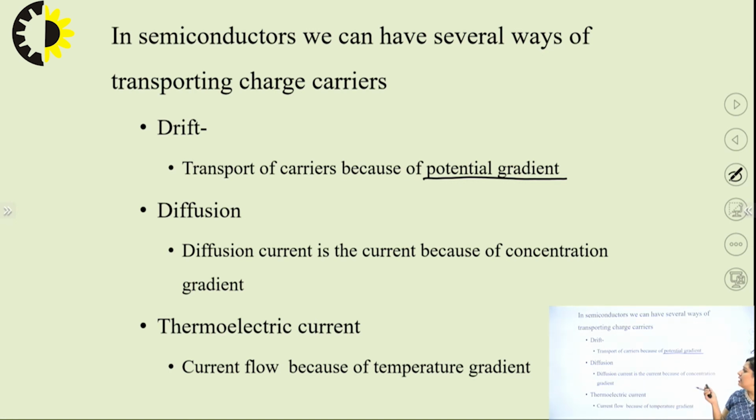The next one, diffusion current, is the current because of the concentration gradient, and the last one is the thermoelectric current, the current flow because of the temperature gradient. So these are the differences between drift current, diffusion current and thermoelectric current.